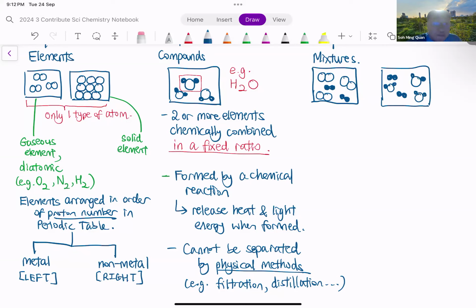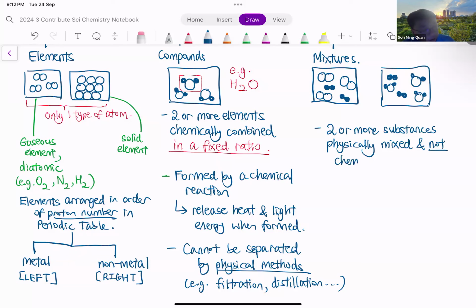So both are mixtures. What can you say from the diagrams about these things? Mixtures also contain 2 or more substances. They need not be elements, they are just substances in general. They are physically mixed together. They are not chemically combined, they are just physically mixed.